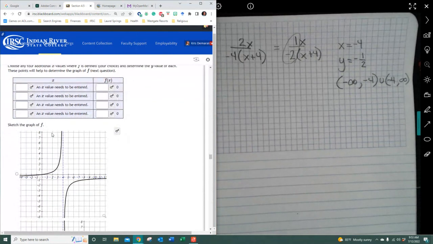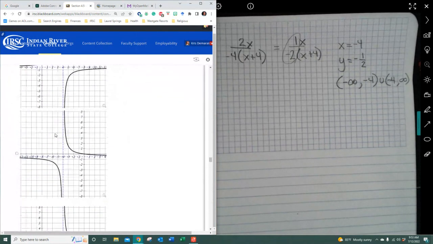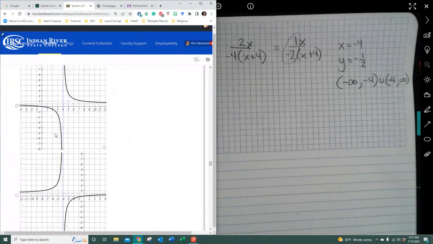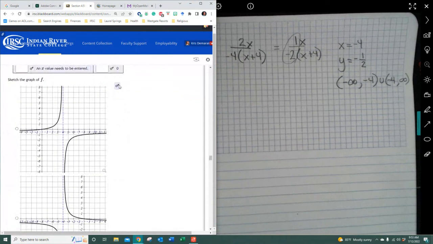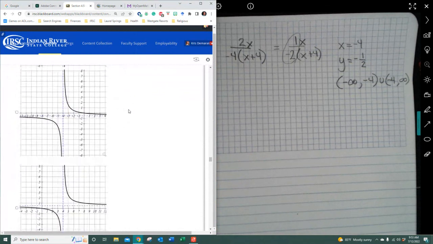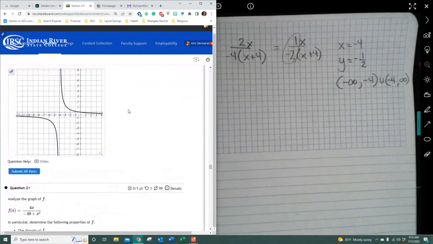And then sketch the graph. This would be where you determine what graph it is. You can look for that just by seeing it on the graph or the graphing calculator, but you can also get the properties based off of here. I mean, you can determine it pretty quickly.